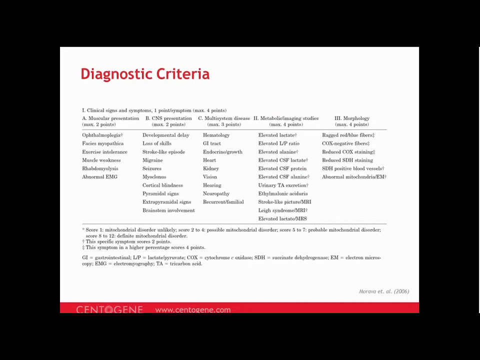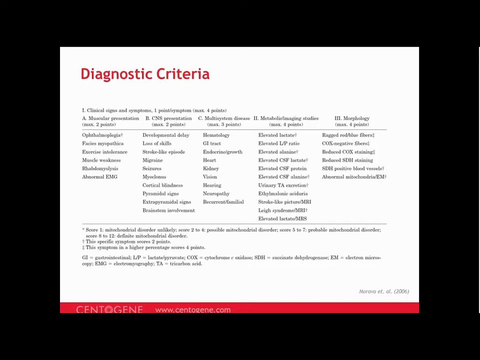There are also other findings which, if you find them in higher percentage, can be ranked with higher points, like ragged red fibers, COX negative fibers, reduced COX staining, and so on. If the score after applying this diagnostic criteria is 1, it's unlikely a mitochondrial disorder.